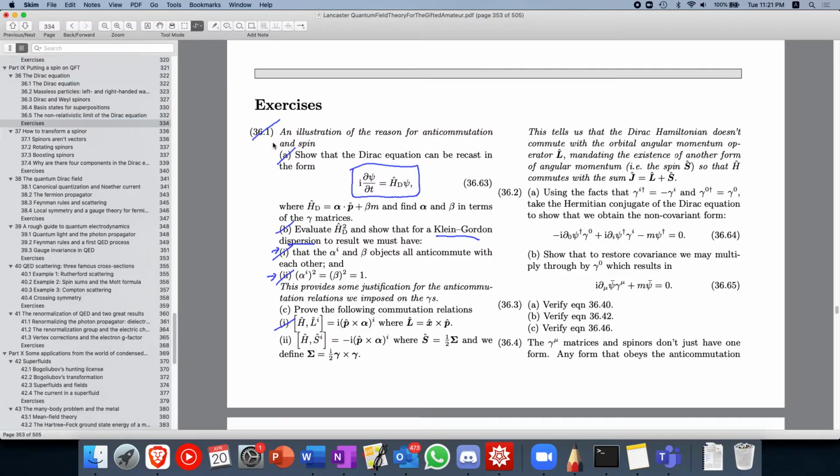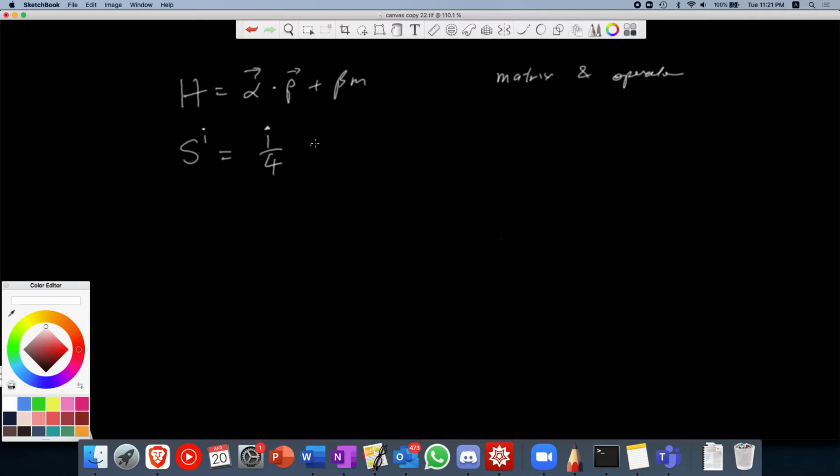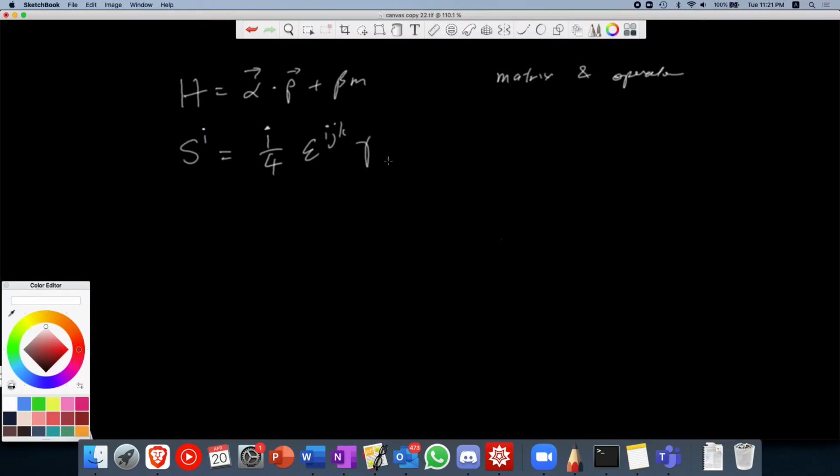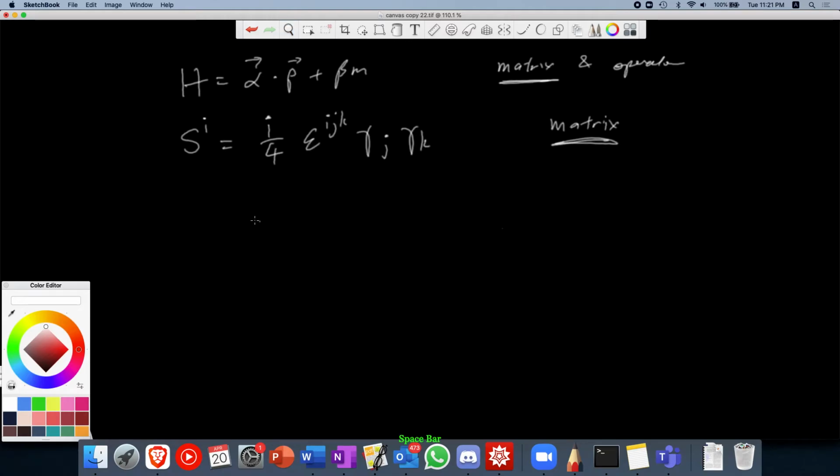So what does that look like? It's I over 4. Once again using the Levi-Civita symbol, then you have J, K. So this is just a matrix, it's not an operator. Now the commutator only sees the matrices because they are the only common objects. So H with Si equals I over 4 ijk.